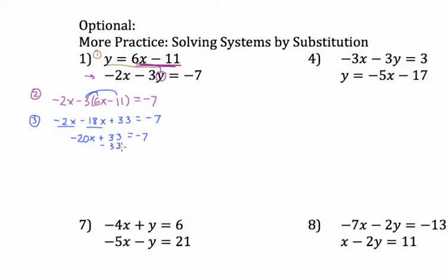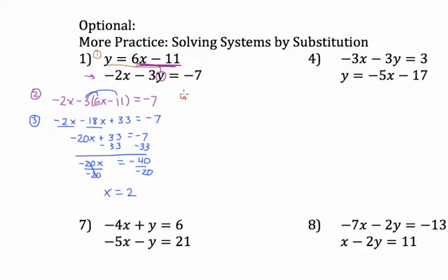Undo what's been done to x by doing the opposite. I'm going to do the opposite of adding 33, which is to subtract 33. Think money. Lose 7, lose 33. You're now 40 in the hole. Now undo multiplying by negative 20, which is to divide by negative 20. X equals 2. I'm half done.